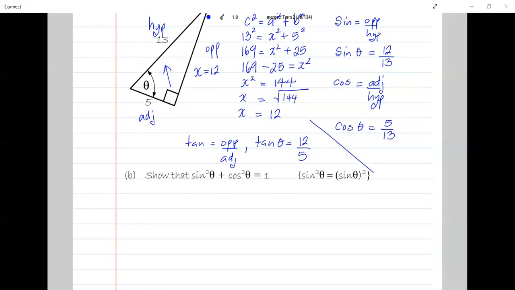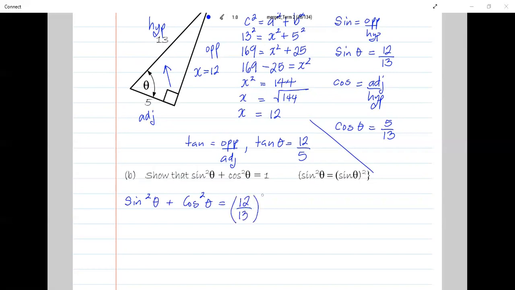So we are to show that sine square theta plus cos square theta, and that would be equal to, sine is equal to 12 over 13, so this is 12 over 13 square.